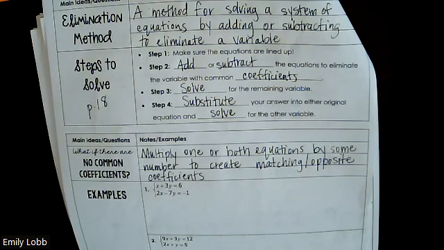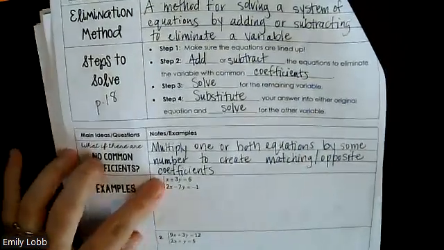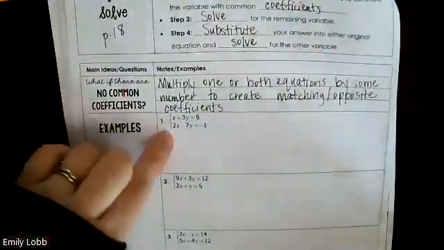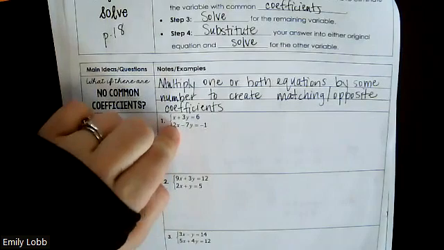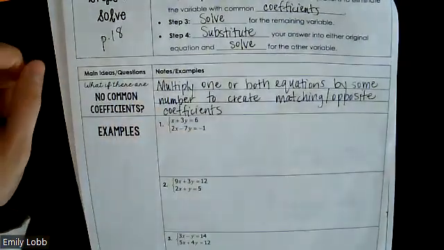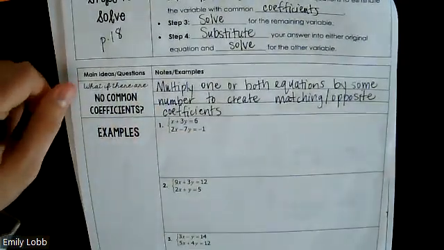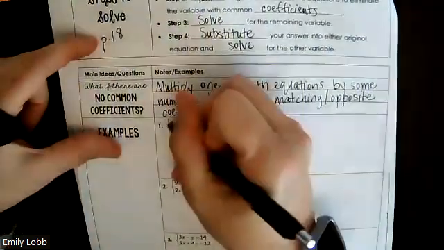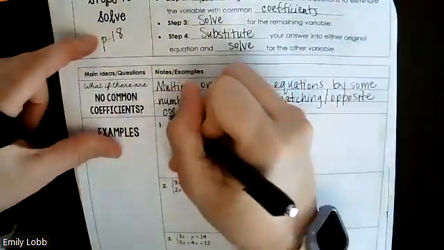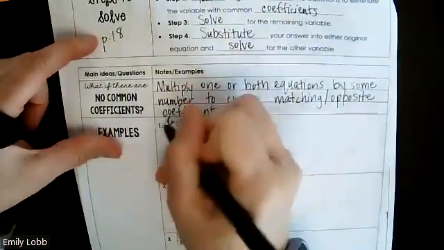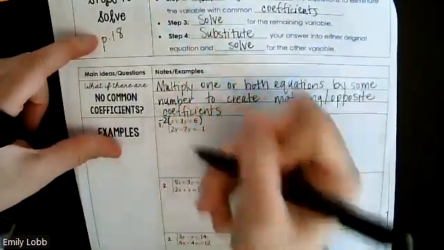So what could I distribute through this top equation to make a -2x? So it's the opposite of the x coefficient. What times x is -2x? This shouldn't be a difficult question, right? -2.